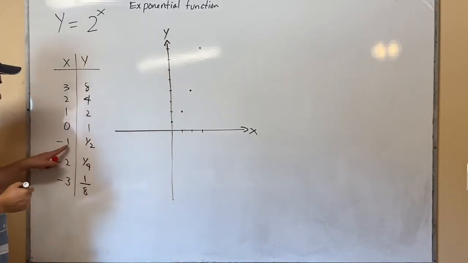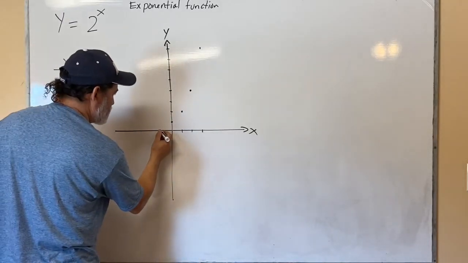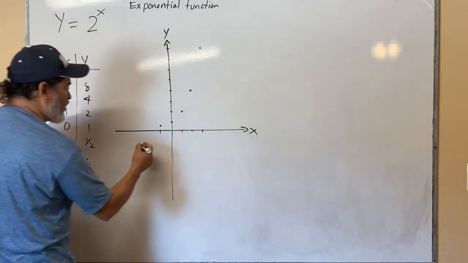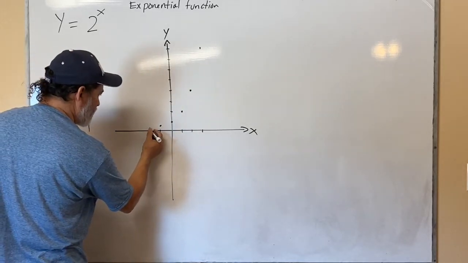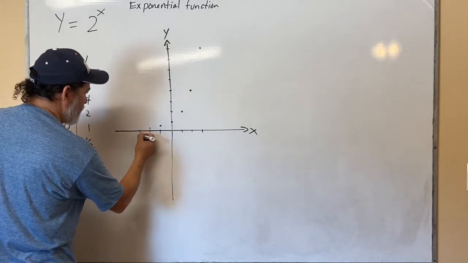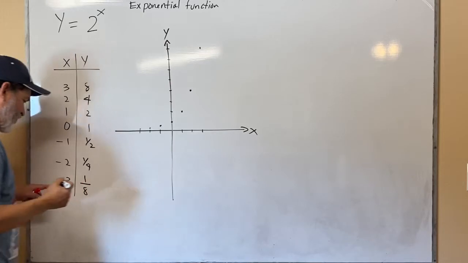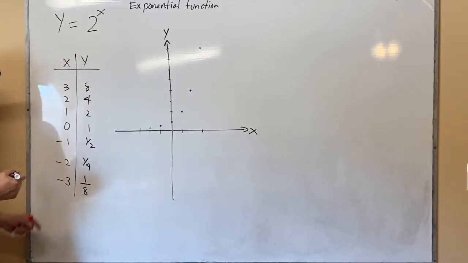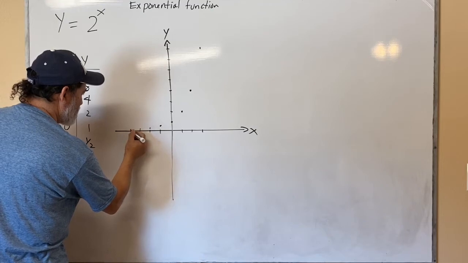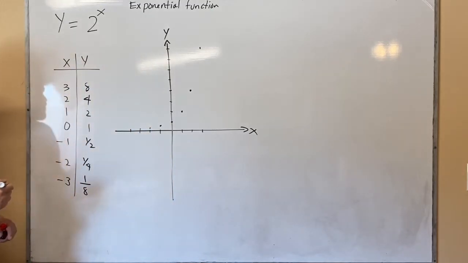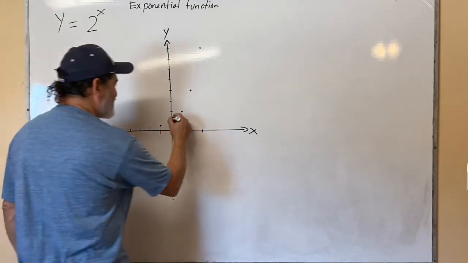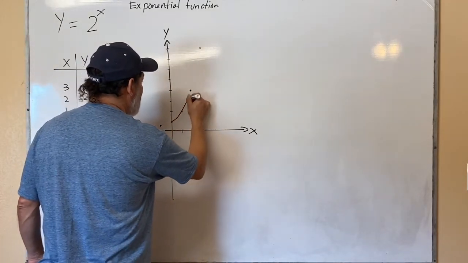X equals -1, we get half. -2, we get 1/4. -3, we get 1/8. -4, we get 1/16. -5, we get 1 over 32. And so this is exponential.